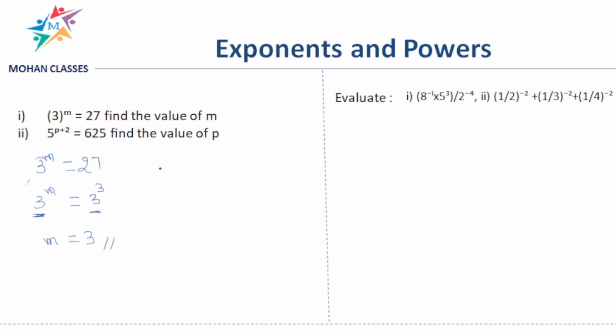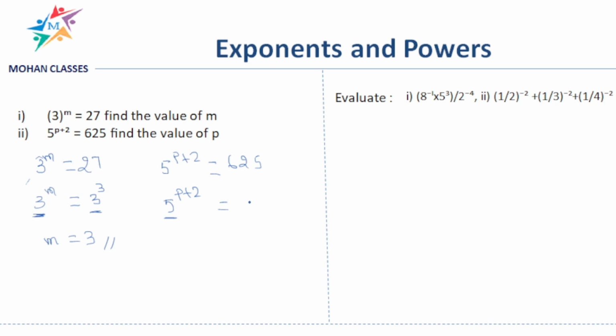What about this? 5 to the power of p plus 2 is equal to 625. We have to bring 625 into the form of base 5. Here the base is 5, right? So we have to bring the whole number in the form of 5. 5 5s are 25. 25 into 5 is 125. 125 into 5.